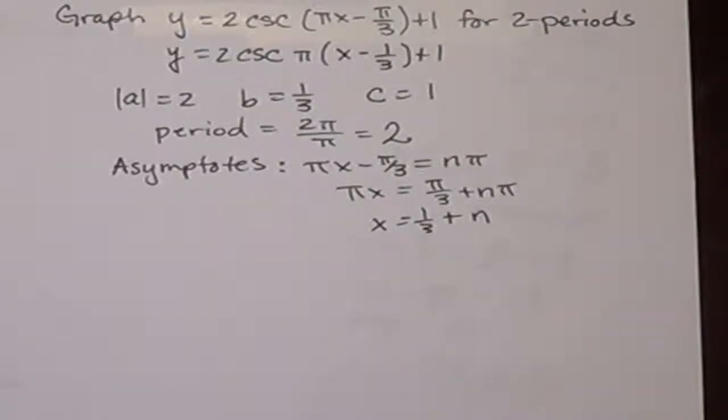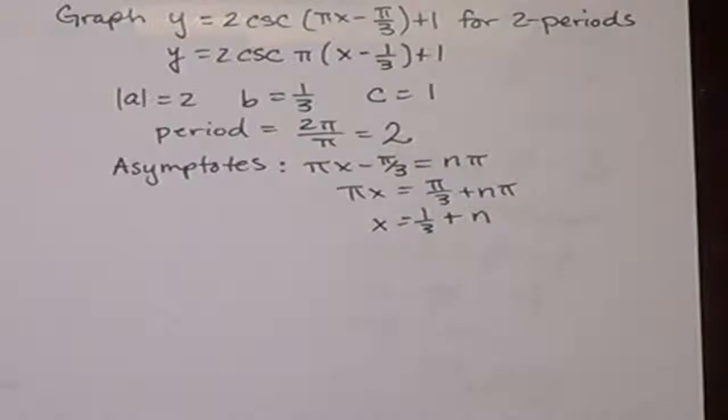Now, notice that there's no pi in this, so it's not going to be like the other graphs. We can actually graph this using integer values. And the asymptotes, again, we found the equations for those. They're going to be at 1/3 plus n for any integer n. So again, in this graph, we want to graph two periods of this.